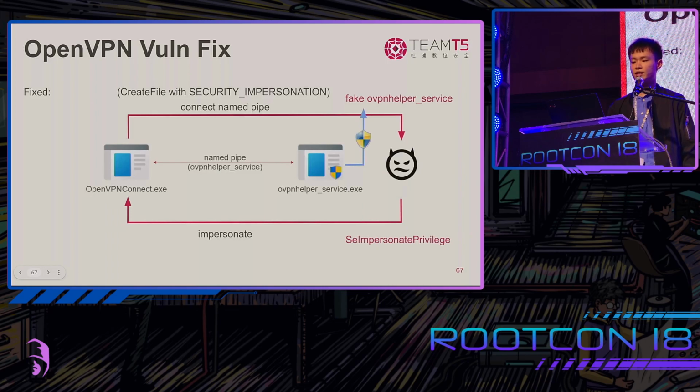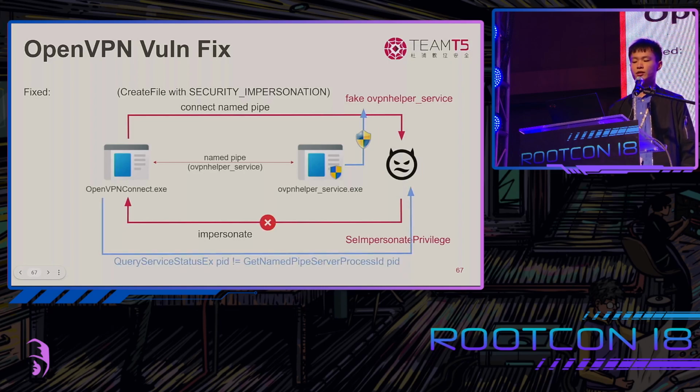To defend against this, the first step is to configure the access control list of the name pipe created by the OpenVPN service, ensuring that only high-privileged users can create a name pipe with the same name. However, there is still an issue. If the OpenVPN service crashes, or if an attacker creates a name pipe with the same name before the OpenVPN service does, what should be done?